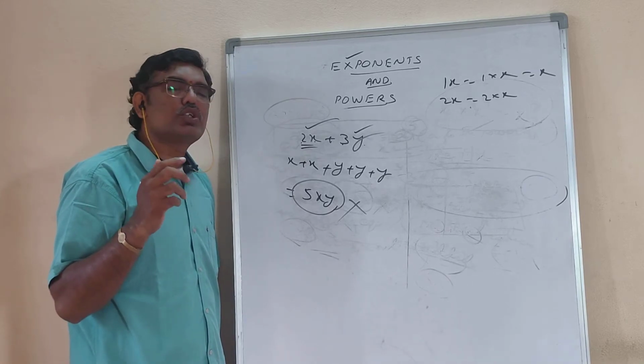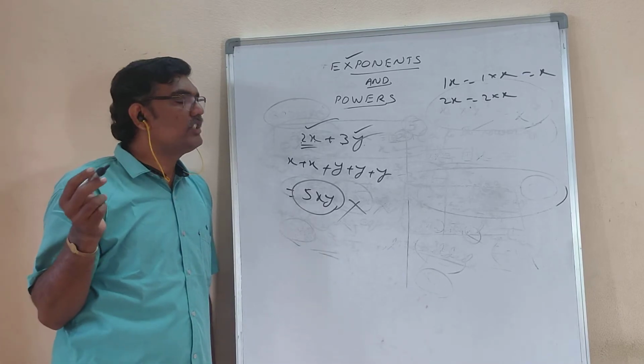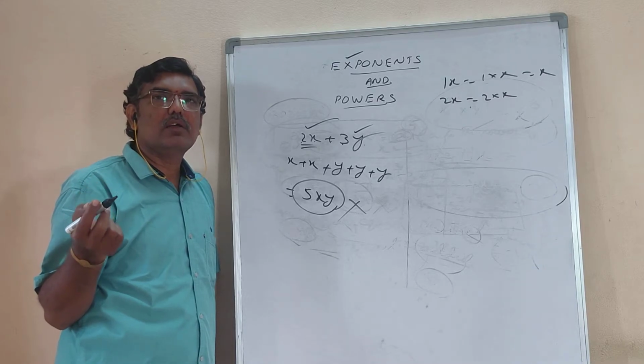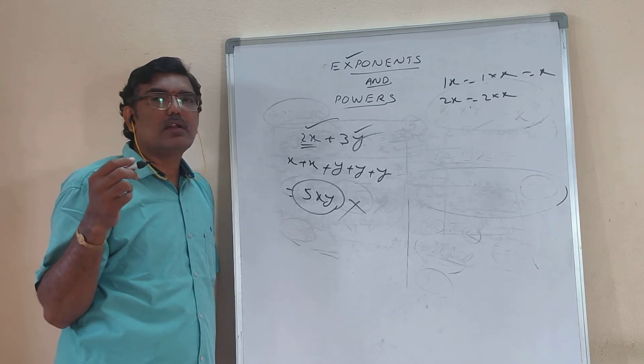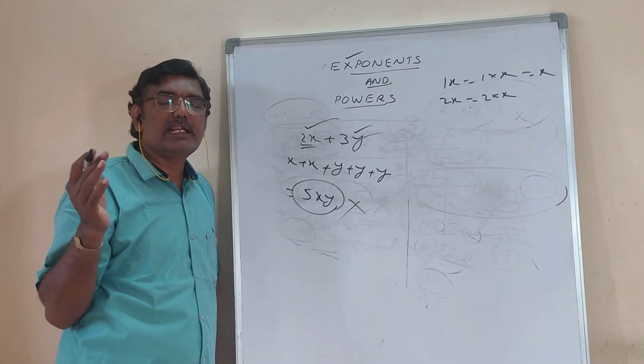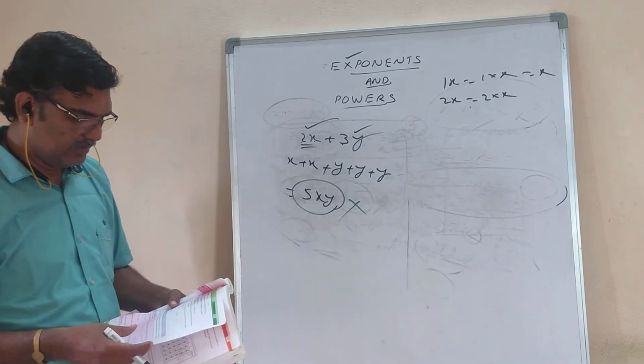So chocolates and biscuits are called unlike terms. Like terms only can be added. Unlike terms we can't add.